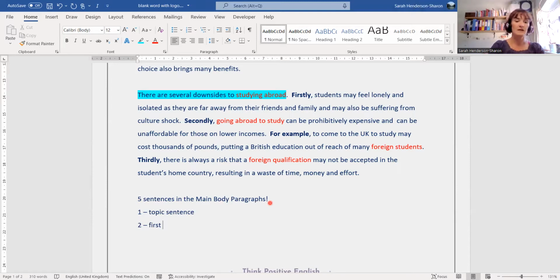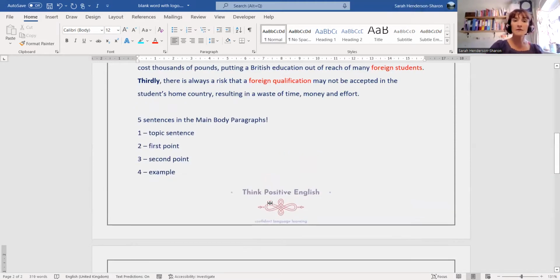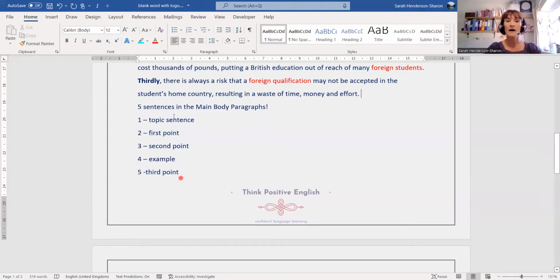Then we have the first point. Then we have the second point. Then we have an example. And then finally, we have the third point. So basically, with this structure, I am able to talk about 3 points and give an example.